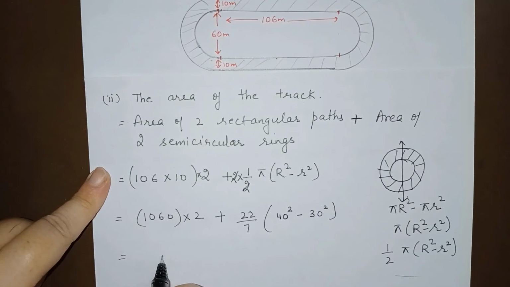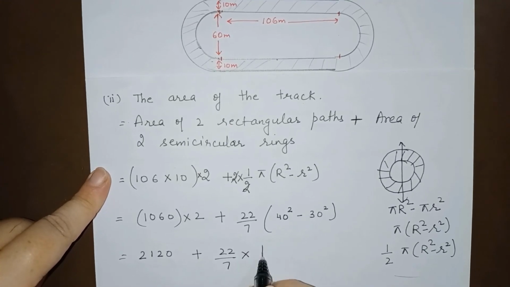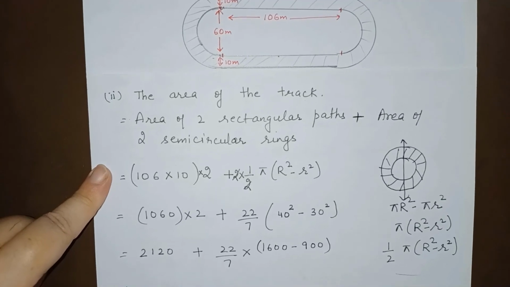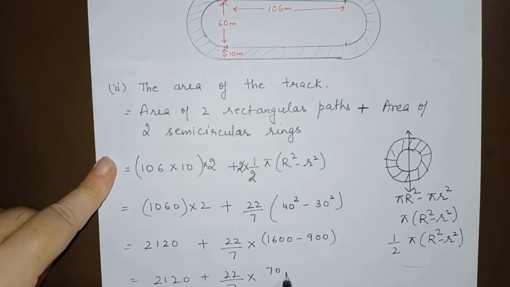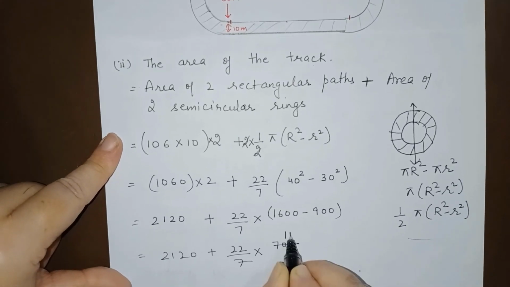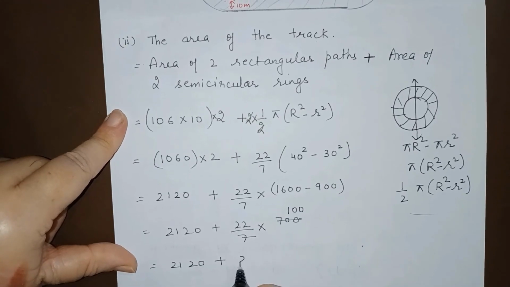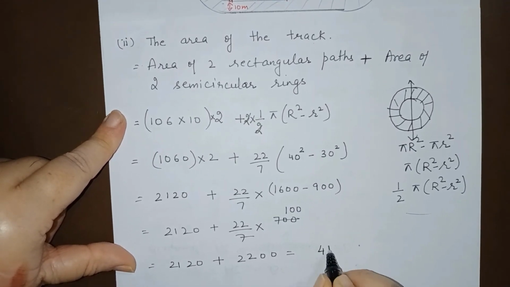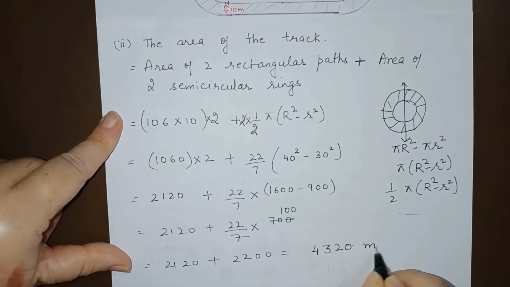So 2120 plus 22 by 7 into 1600 minus 900, that is 2120 plus 22 by 7 into 700. So 2120 plus 2200. So your answer will be 4320 meter square.